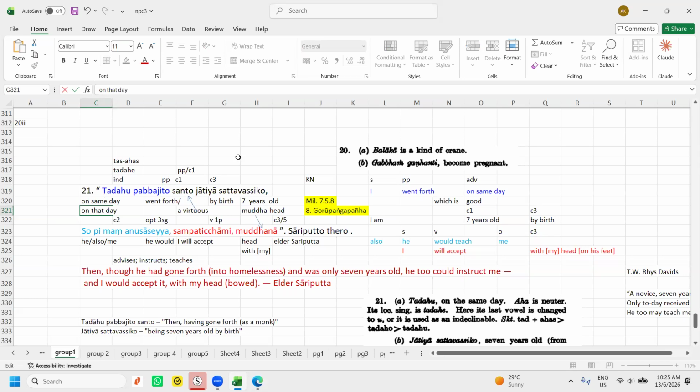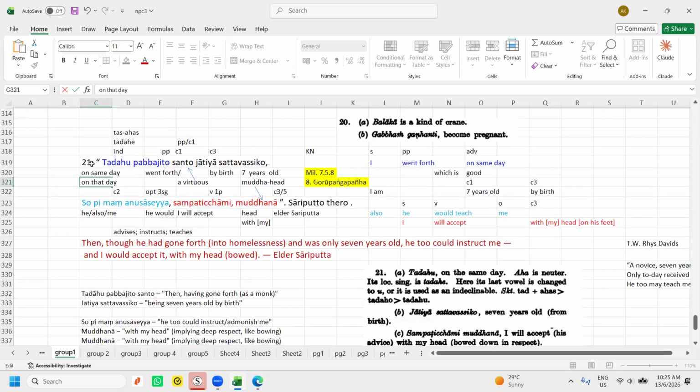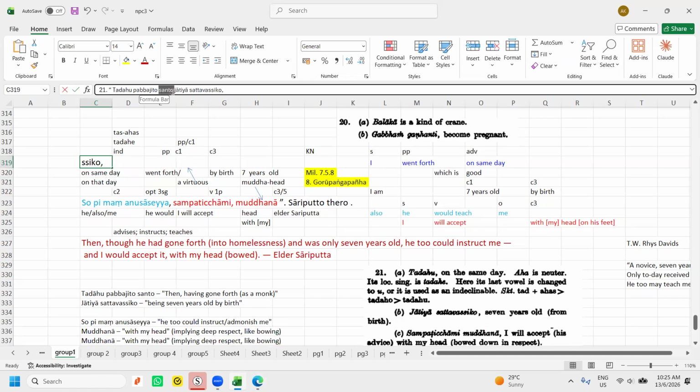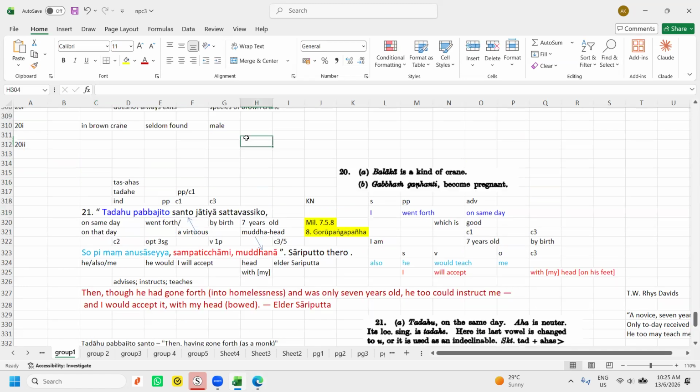Okay, so this is pabajita. Pabajita is a past participle. Santo means virtuous. Santa. So here, this is a subject. If you look at here, let's take this Santo.